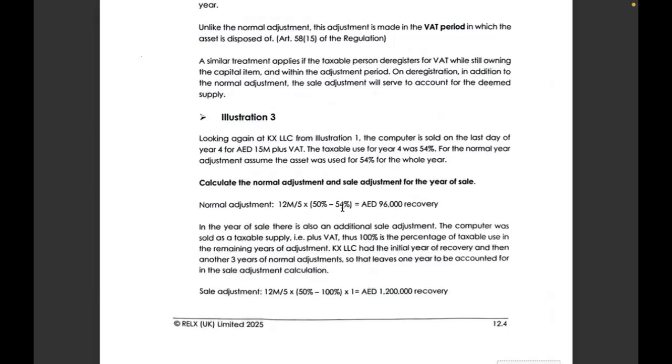So that means for the VAT benefit pertaining to this year, we under-claimed. Actual taxable usage was 4% higher. That means we can now claim 96,000 dirhams in recovery.